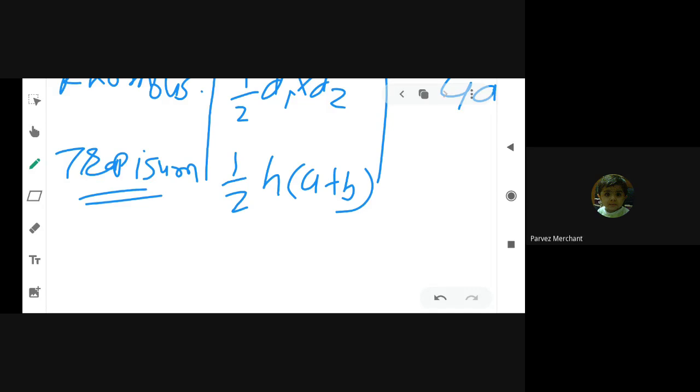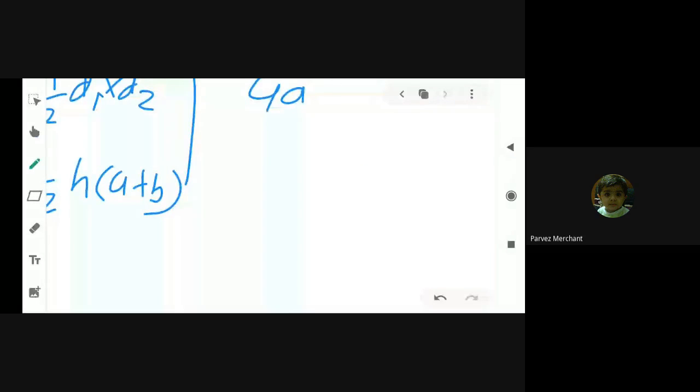What is the formula of area of trapezium? 1 by 2 into height into sum of two parallel sides. And what is the perimeter? In a trapezium, all sides are different. So we can say that the perimeter of a trapezium is A plus B plus C plus D. Why? Because all sides are different.